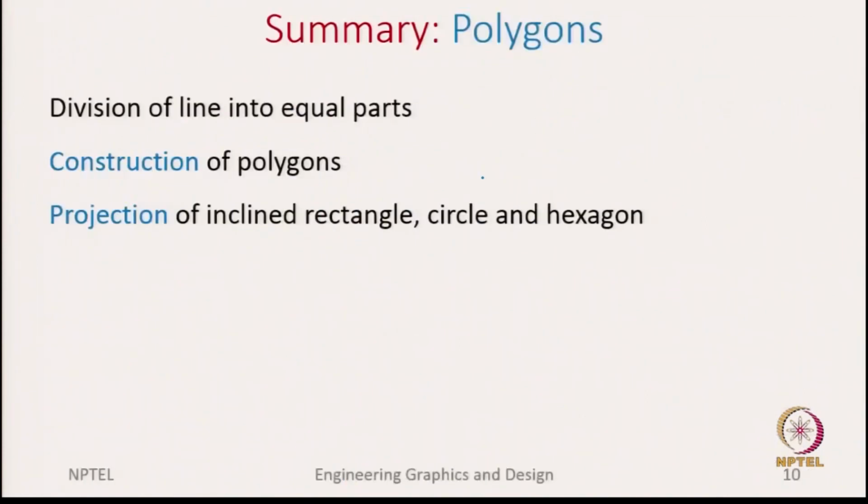In summary, what we have been discussing in this lecture is, first we looked at some techniques of how to divide a line into equal parts and unequal parts. We also looked at how to construct polygons, mainly how to draw an n-sided polygon. And lastly, we looked at 3 examples of projection of simple polygons. We started by projecting a rectangle, then a circle, and then a hexagon.